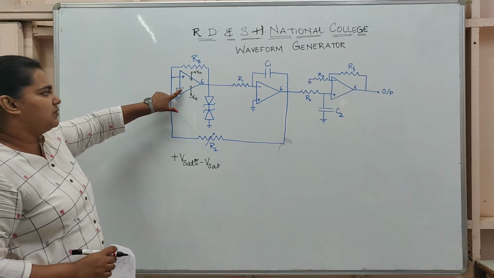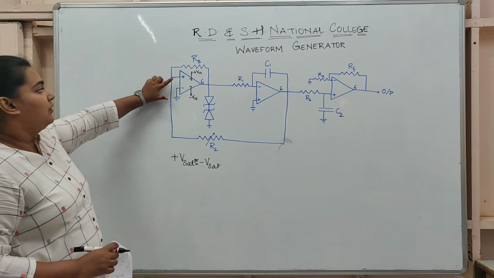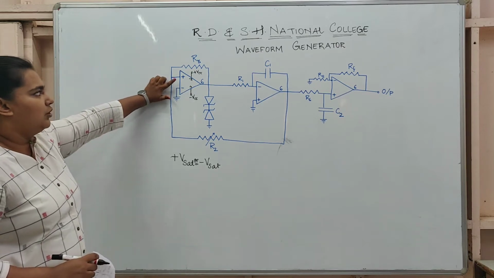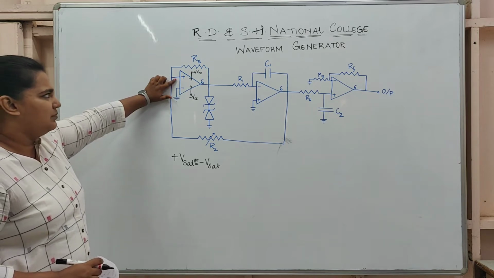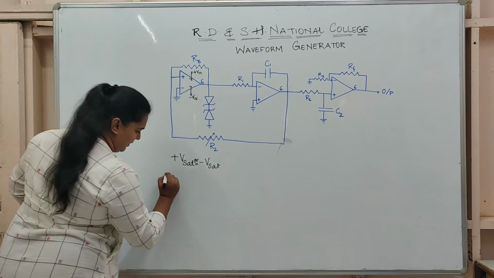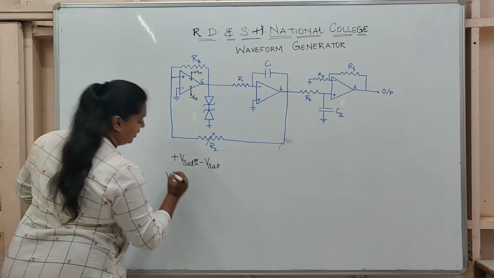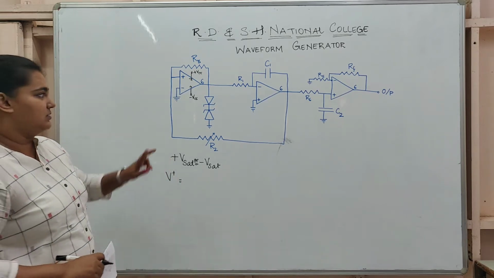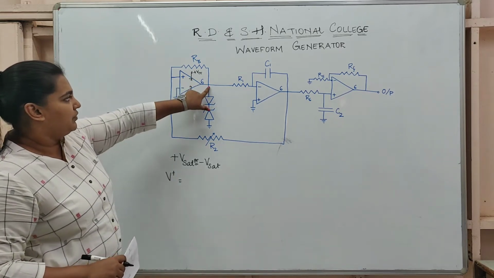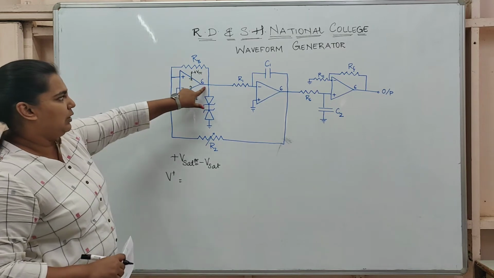So now you can see the inverting terminal is connected to ground. The non-inverting terminal gets its input. Let's say the input is V plus, since it's non-inverting, from two places. The first one being the feedback from its own output.